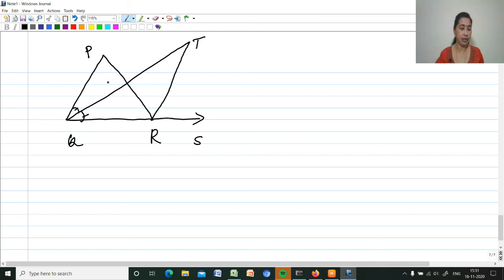And PRS, this is also the bisector, that means these two angles are also equal.